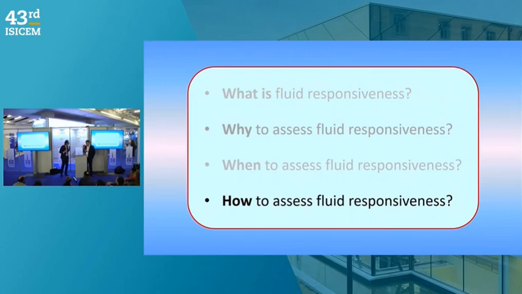No, it's not a surprise for me, but some patients became fluid unresponsive after 10 ml per kilogram, maybe because they were not very dehydrated or hypovolemic, and also maybe because they had some cardiac dysfunction or diastolic dysfunction, for example.